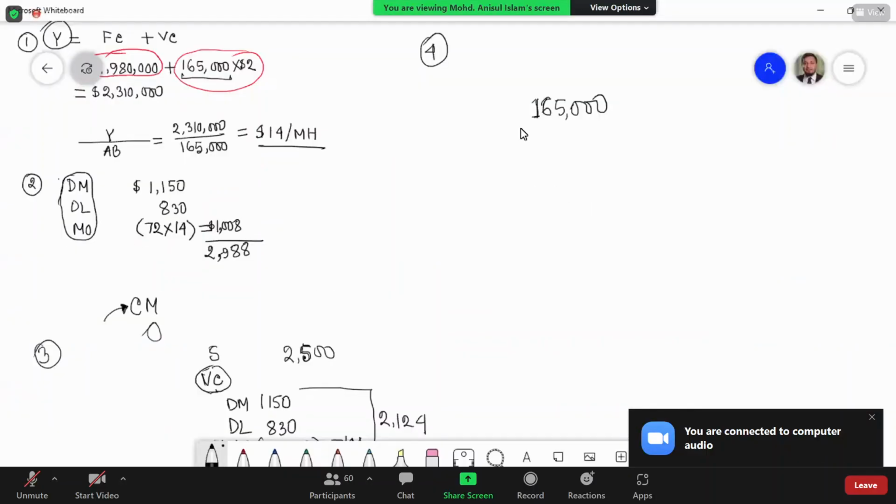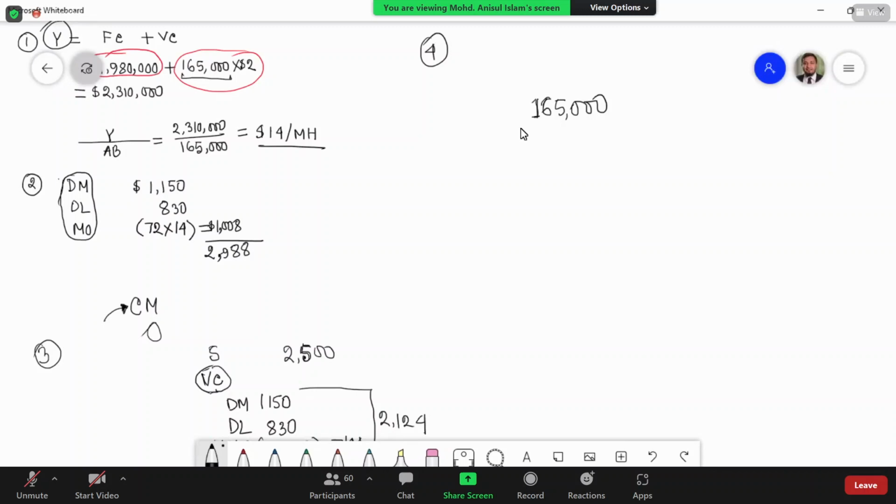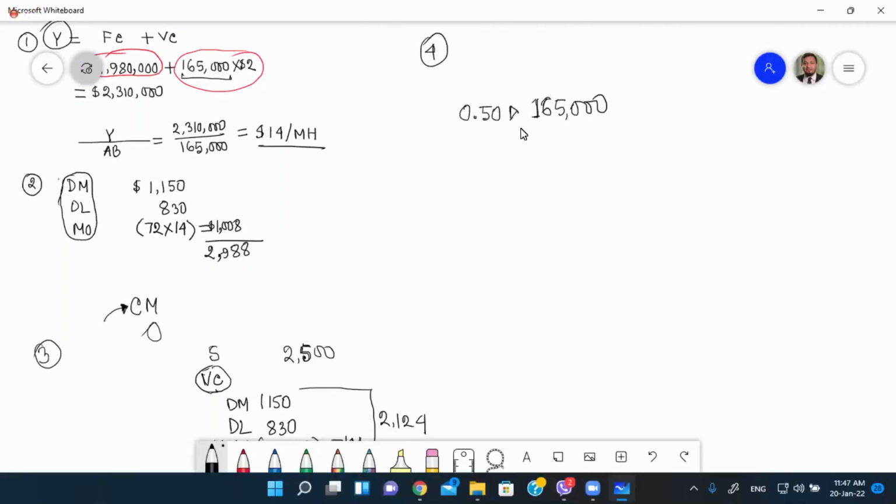But if 50% of the manufacturing capacity is 165,000 machine hours, if we would have 100% capacity, what would be the machine hours? Give me your answer in the chat box.